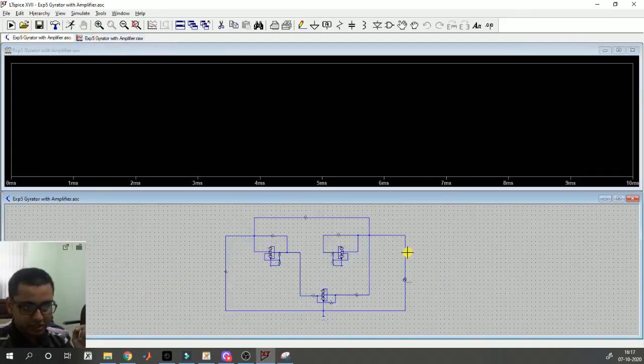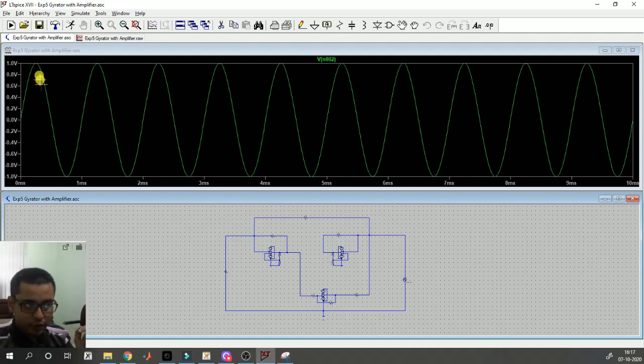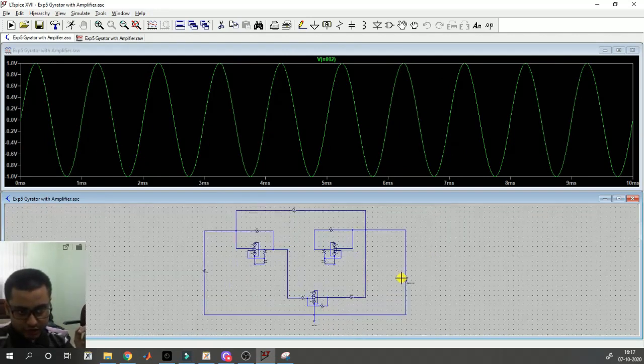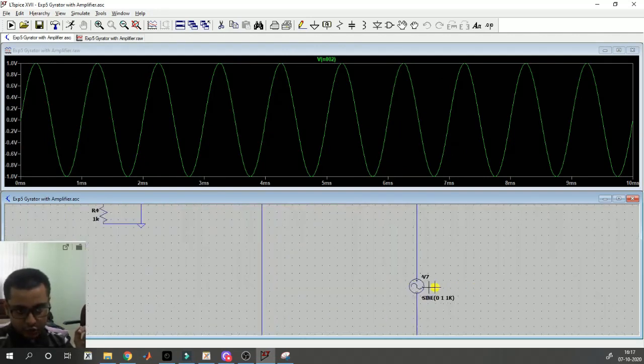Let me first touch this wire with this voltage probe. Then you can see the voltage, and then to see the current you have to bring your cursor on top of this element, the source, and you see it has turned into an ammeter, but it is showing a downward arrow, so it will measure current in the downward direction.